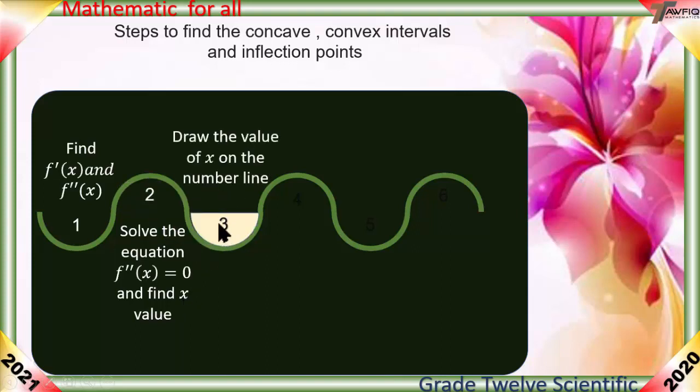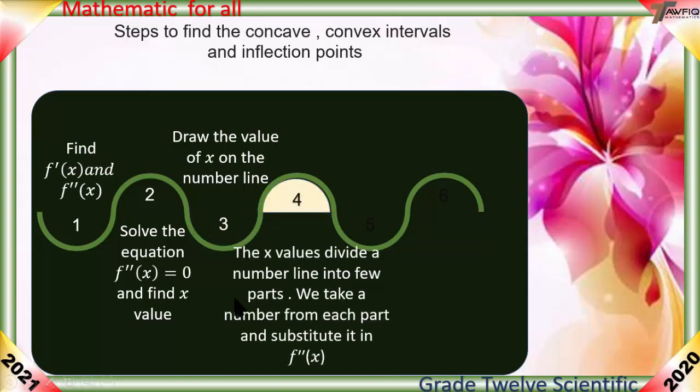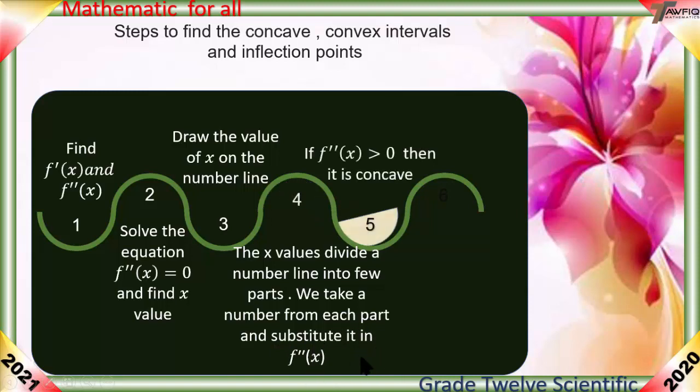Third step, draw the values of x on the number line or draw a table of the values. The x values divide the number line into a few parts. We take a number from each part and substitute it into f double prime.